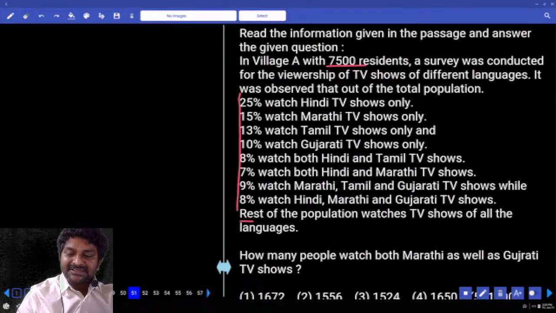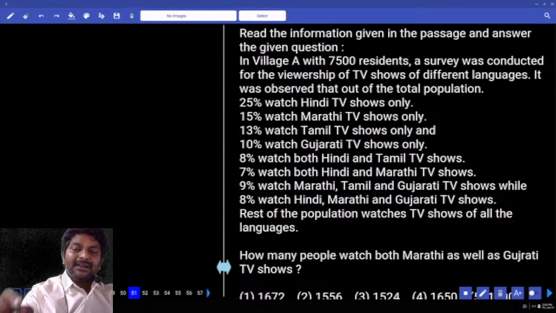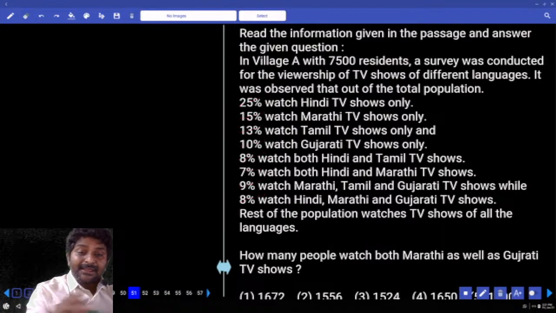Last statement says, rest of the population watches TV shows of all the languages. Okay, now let's calculate. 25, 15, 13 plus 7, 20, 40, 20, 60, 10, 70 plus 8, 78 plus 8, 86, 86 plus 9, 95, remaining.